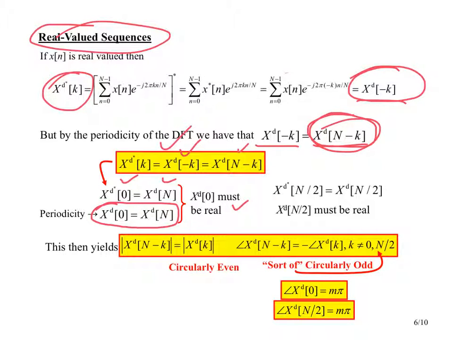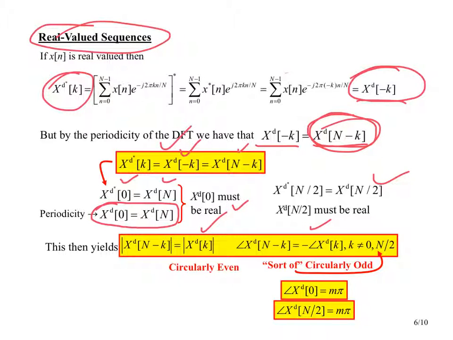Similarly, we can see that halfway also must be real. And so what these results lead us to is that the magnitude must be circularly even, and the angle must be, what I say sort of, circularly odd.